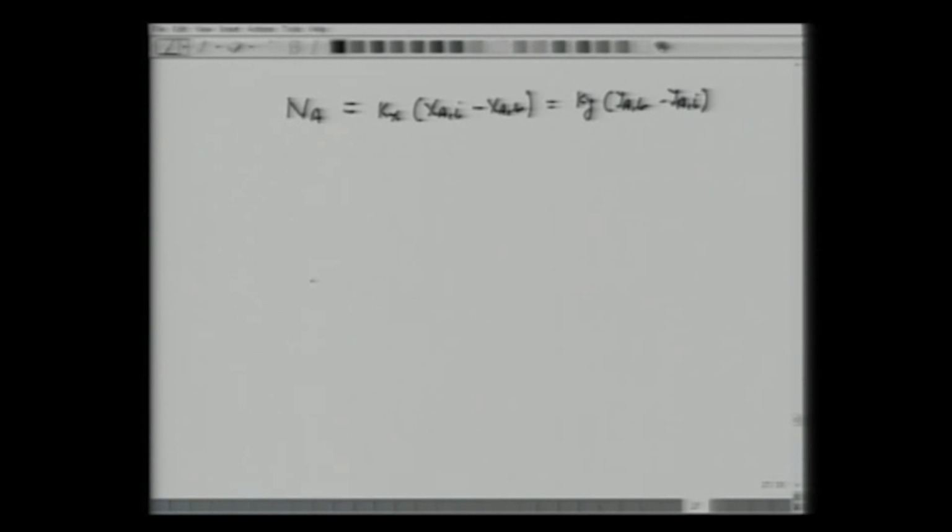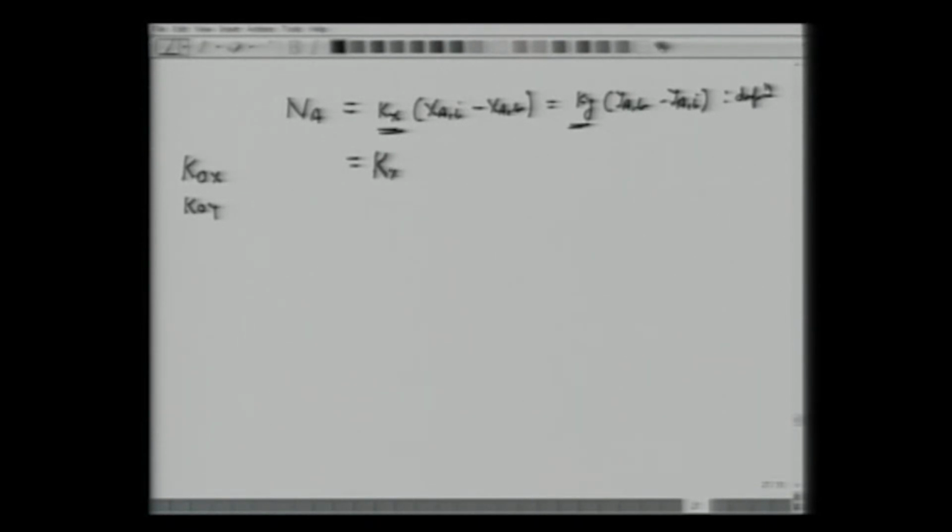You can call these definitions of mass transfer coefficients in the X phase or Y phase, or liquid phase and the gas phase. One can also define another overall mass transfer coefficient, which is denoted by K overall, KOX and KOY. So maybe we draw slightly bigger here.